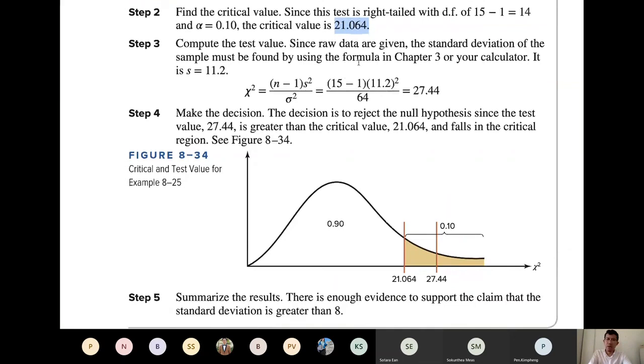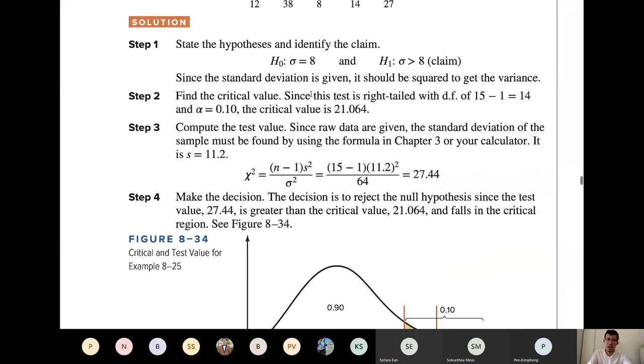And again, you have to compute the test value. This is still our test value. Even though we come up with a test related to the standard deviation, not the variance, the test value still works with the variance. But since the standard deviation is given, you just square it and you come up with the variance.